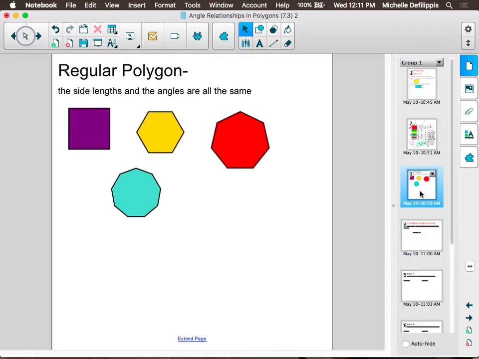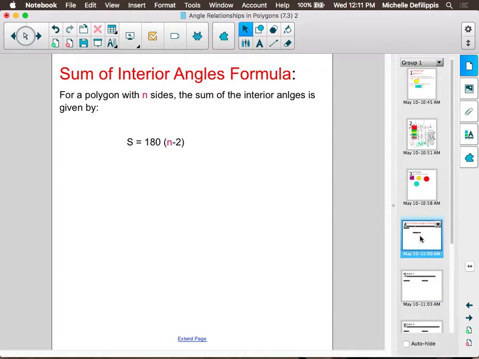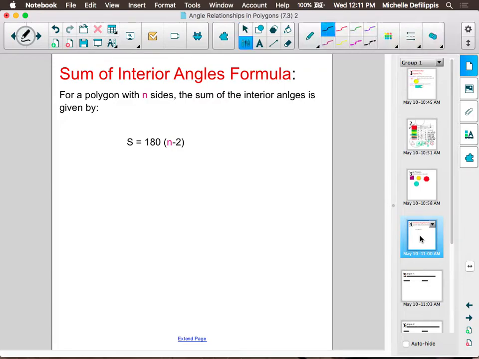So how can we come up with an equation so that we can save some time if we have polygons that have more than 5 or 8 sides? Okay. So this equation relates the sum of interior angles, and that's your capital S here.